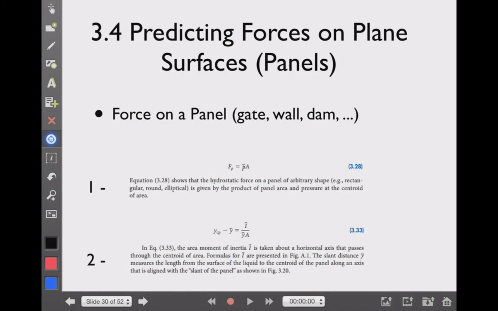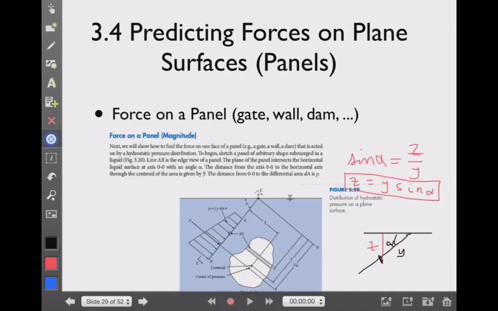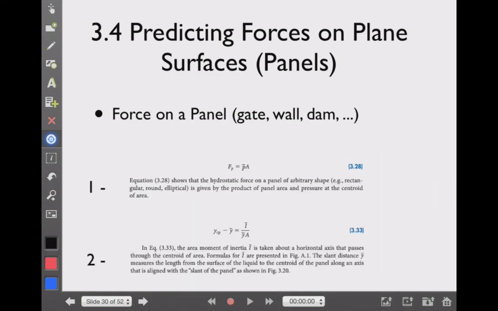What I'm going to do next is two things. We're going to integrate across this for each differential element. We're going to come up with an equation to integrate this up, and we'll find that it's quite a simple solution to get the force on the panel. It turns out to be the pressure at the depth of the centroid times the area of the panel. And we'll prove that.